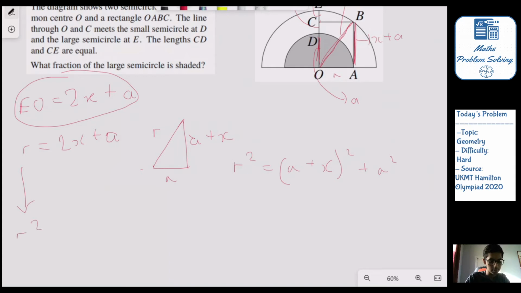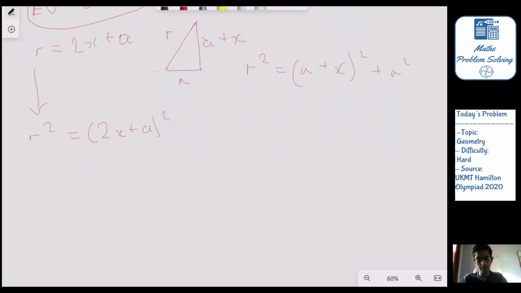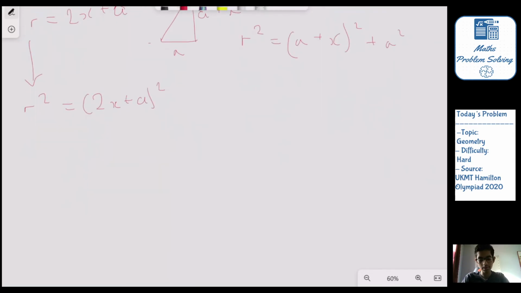So we can label R squared as 2x plus A all squared. Now both of these are written as R squared, so we just need to solve this equation. A plus X all squared plus A squared is the same as 2x plus A all squared.